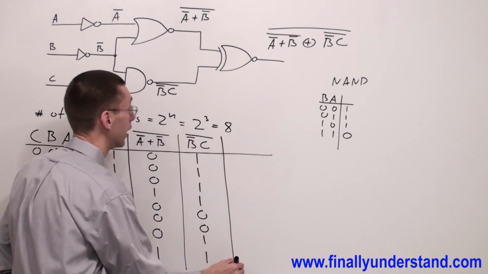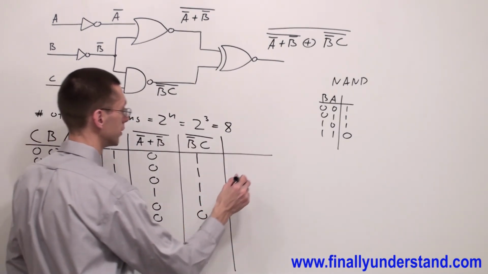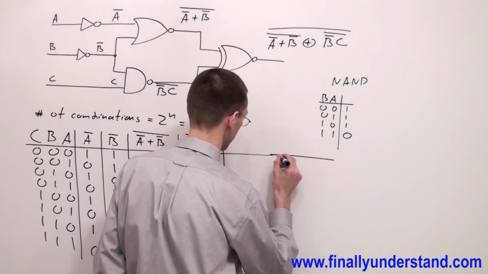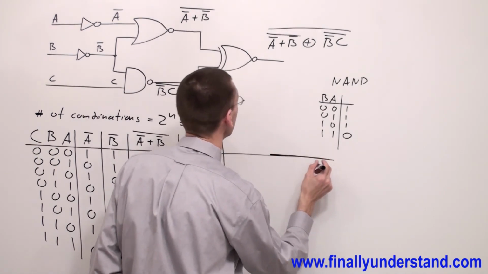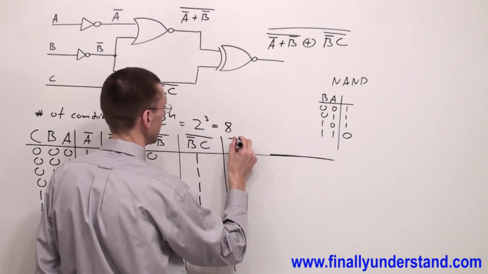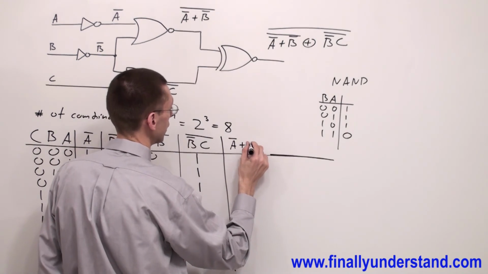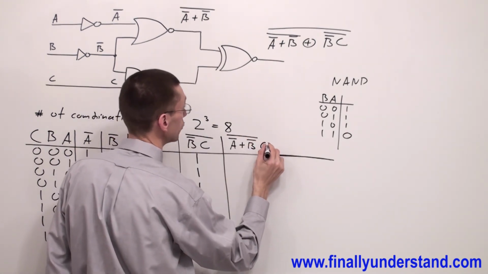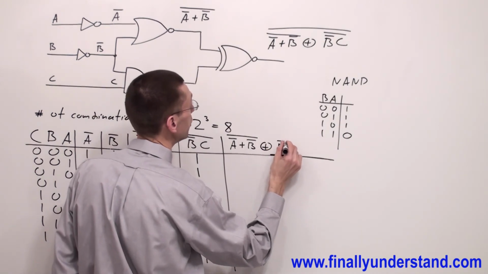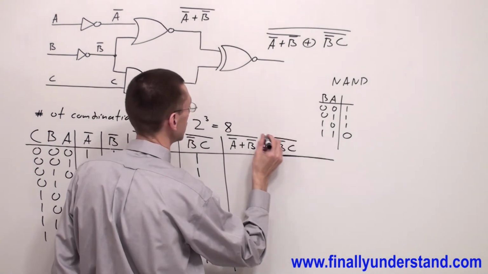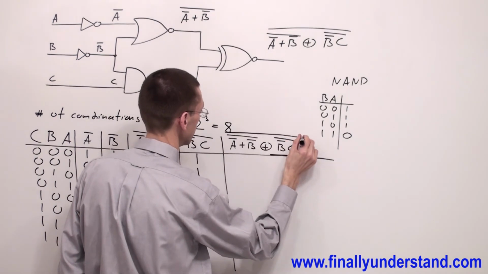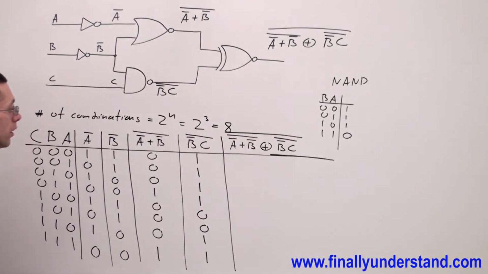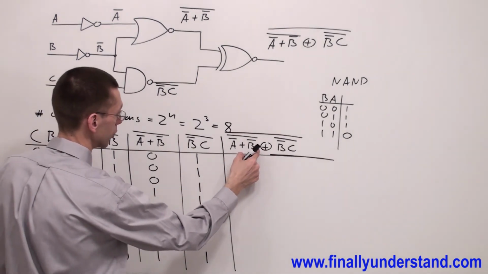Now I'm supposed to find the final expression. I have A not, NOR, B not, exclusive NOR, B not, NAND C. I have exclusive NOR.